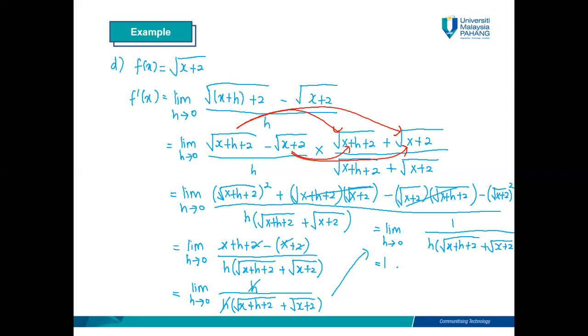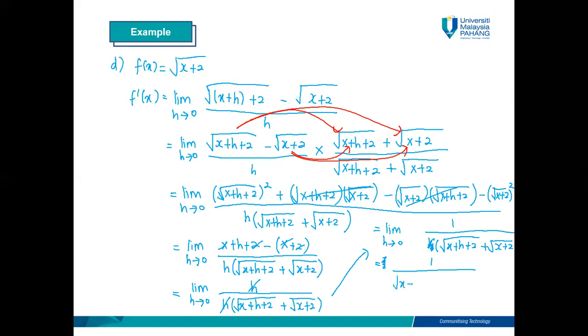Okay, so apa nak buat? Substitute. Okay, apa nak buat? Sorry, substitute h dengan 0. 1 over. Okay, sorry, ni dah habis. Sorry, ni tak ada, dah habis. Yang tinggal ni lah.